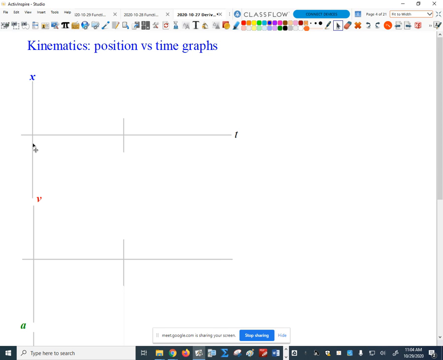Here's where we started. Here's my t-axis. When t is 0 right here, where should I be on the vertical axis, which is position, positive or negative? Somebody just shout it out.